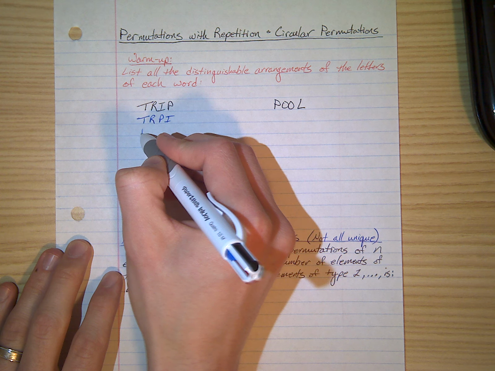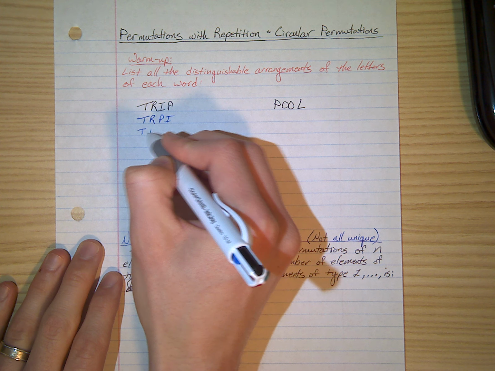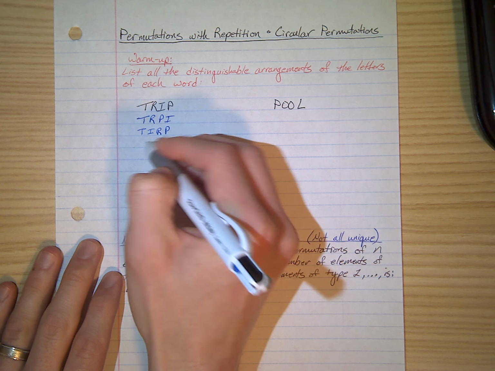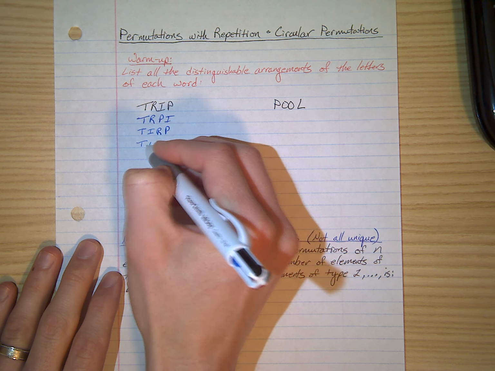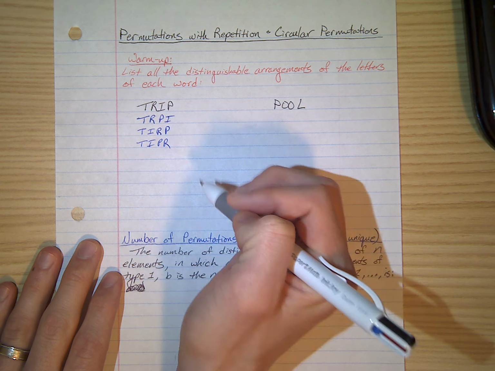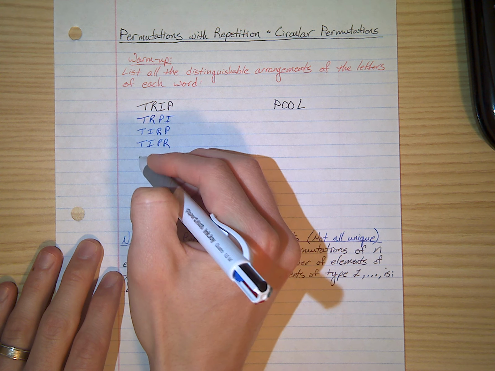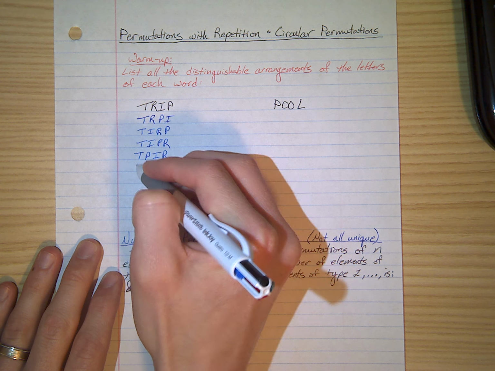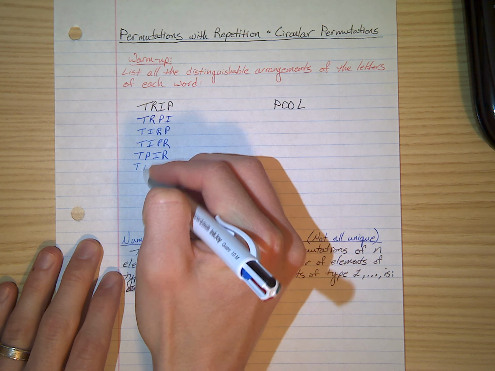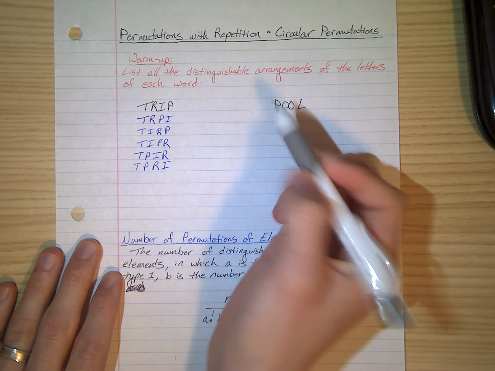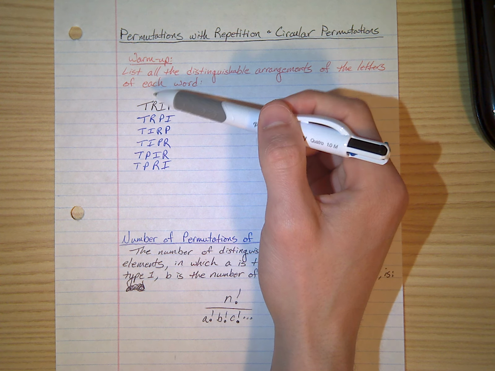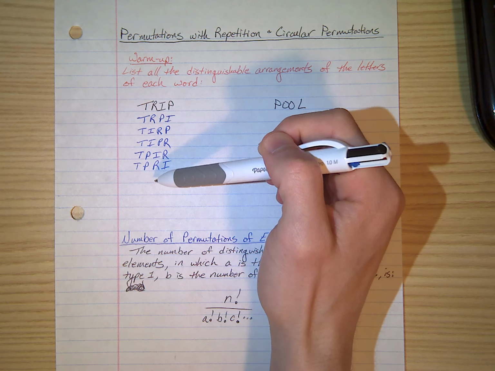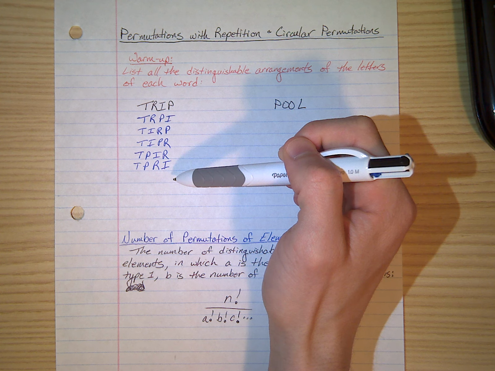Okay, you could still have TIRP and TIPR. Okay, and then you could still go TPIR or TPRI. So even just starting with the letter T, you've got 6 different arrangements for those letters.